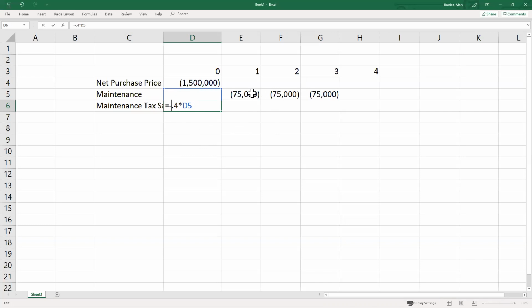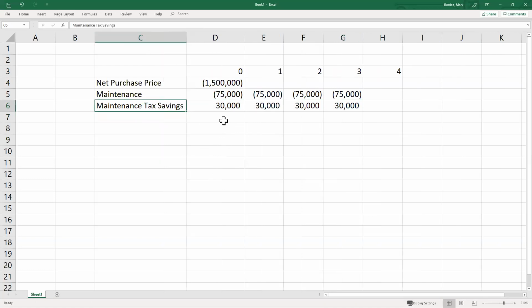So when I multiply it by the negative 75,000, it turns it into a positive number, in this case a positive 30,000, because those savings arise as a result of the reduced taxable income. So we reduce our taxable income by $75,000, which then reduces our tax expenditure by $30,000. So effectively we're getting $30,000 back by reducing our taxes. So that's a positive flow.